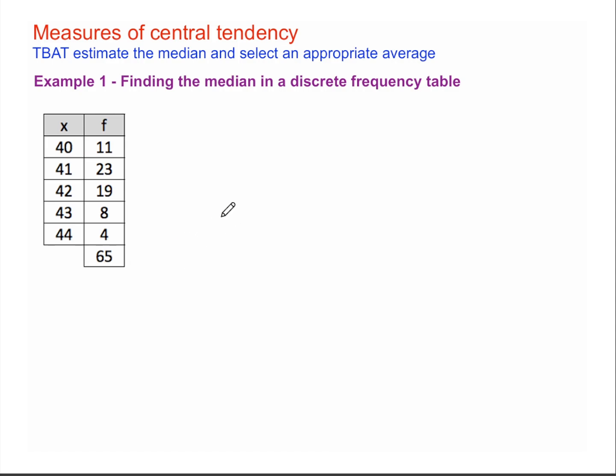Remember, 65 can be split in the following way: 32 on the lower end, 32 on the higher end, which gives us 64. Then we'll have that one data point in the middle. That data point is going to be your median, which is your 33rd ordered data point.